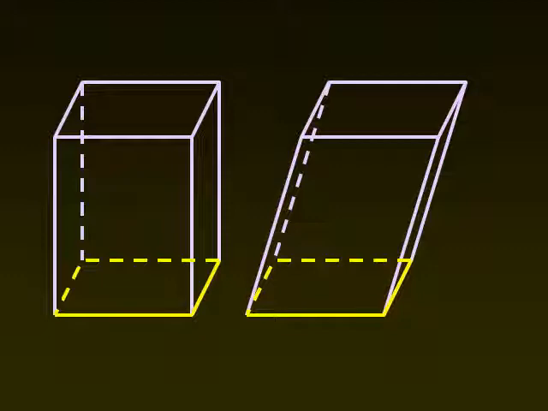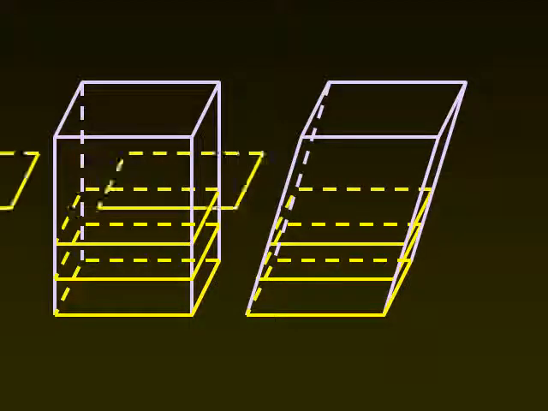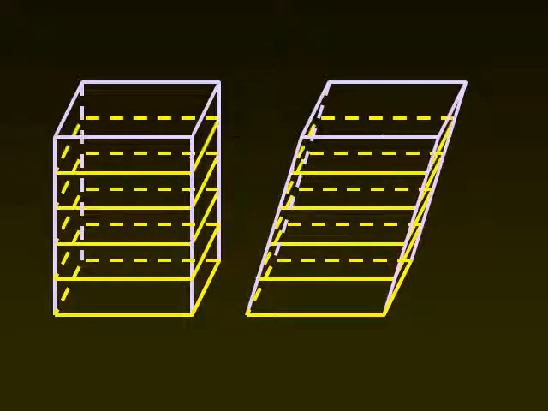If I think of them as slices, parallel slices to the base, then they are exactly the same area as the base. So all of these, there's four, are exactly the same area as the base. These are called cross sections, and they're parallel planes to the base.